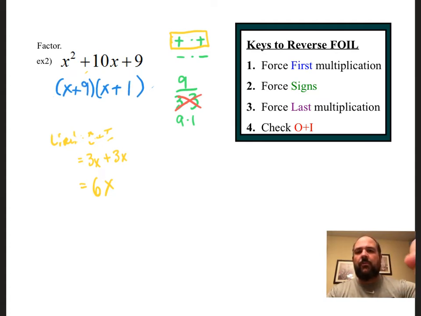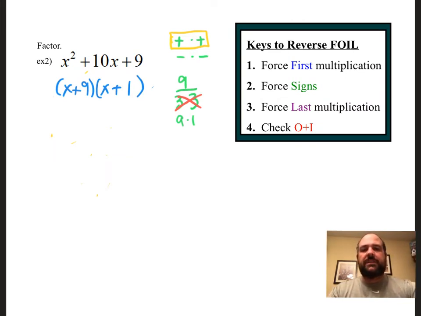So now when we do our check down here, the outside plus the inside, we should hopefully end up with our middle term. So let's see. If I check outside plus inside, my outside multiplication would give me 1x.